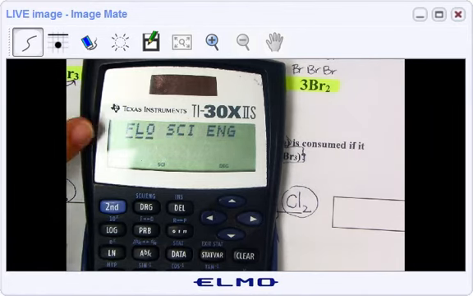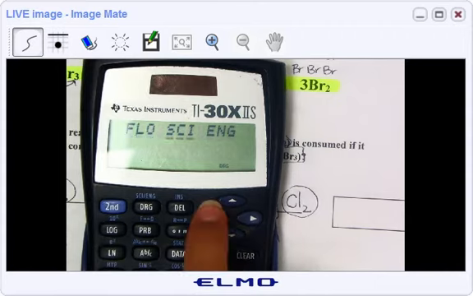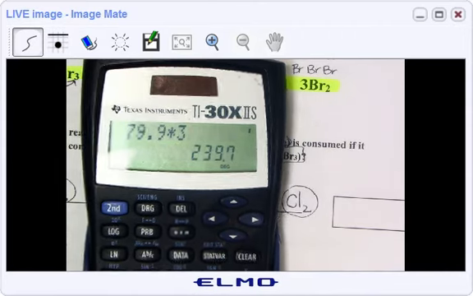Hit the arrow to the, it says float, then you go ahead and hit enter. This is the number that you're looking for, not the scientific notation. And you can go back and forth depending what kind of problem you're given. You just hit second, DRG, use these arrows over here, hit enter for whichever one you want.